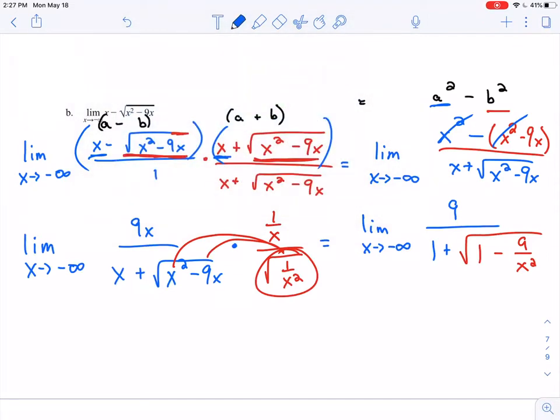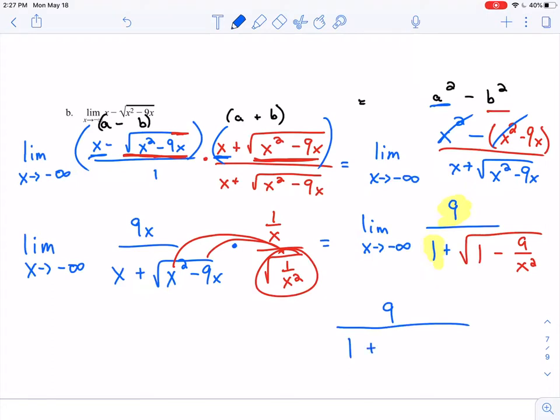So this says the limit as x approaches negative infinity. Actually, we're going to evaluate this limit, so we don't need that statement. Here, 9 is a constant, so that should approach just 9. It doesn't depend on x in any way. Next, I've got 1. Okay, that's a constant.